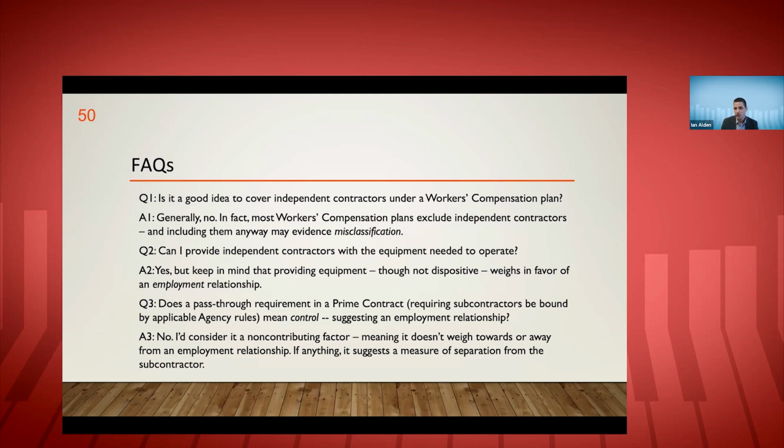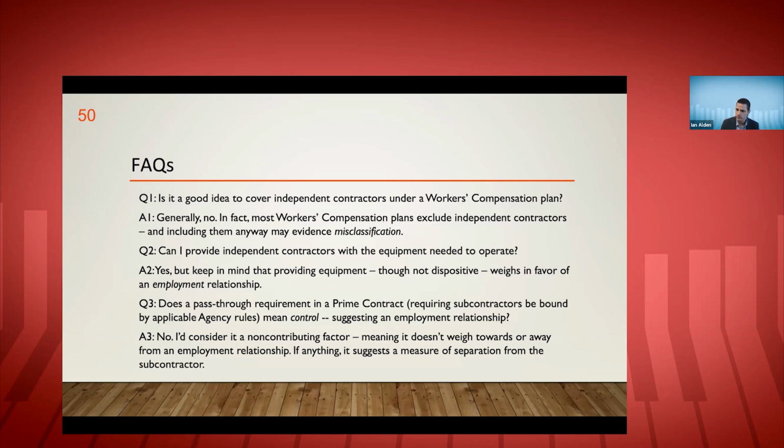Does a pass-through requirement in a prime contract requiring that subs be bound by the applicable agency rules mean control? Is that an assertion of control such that they're employees? No. I'd call that non-contributing.